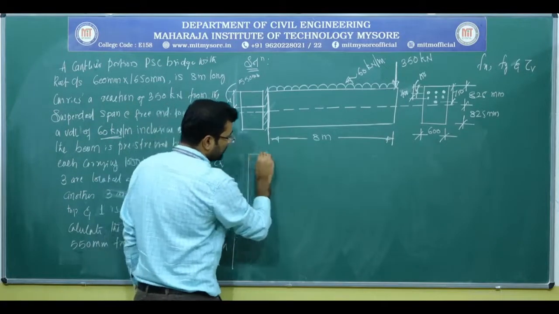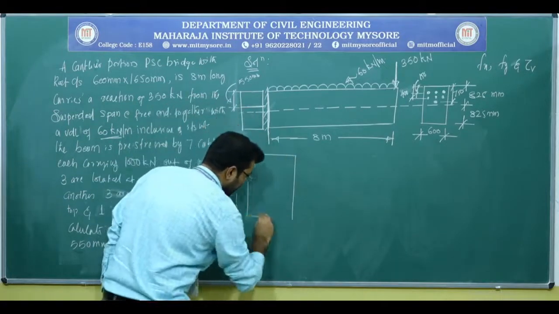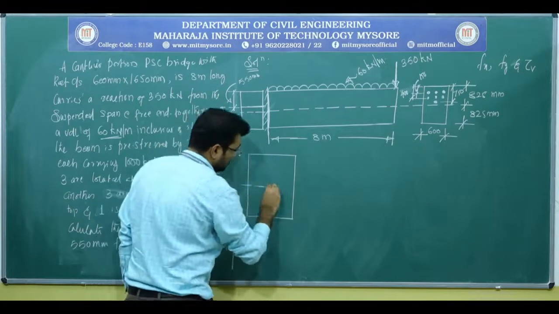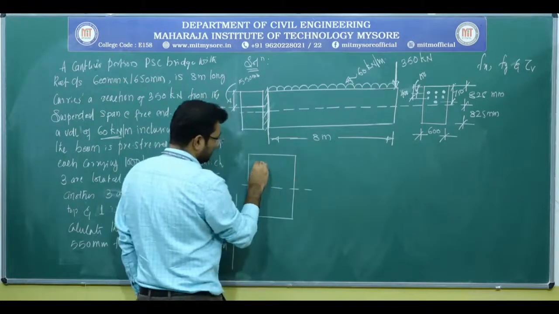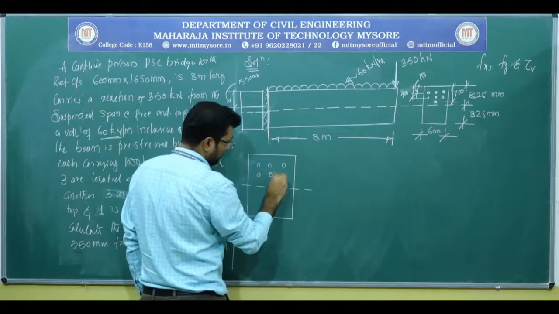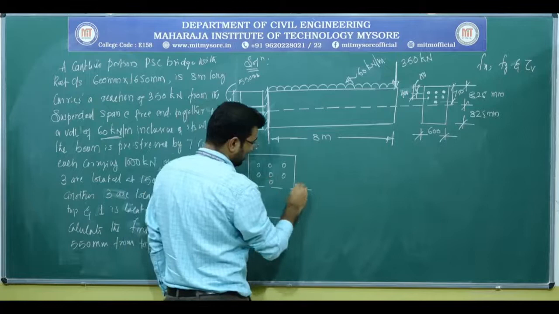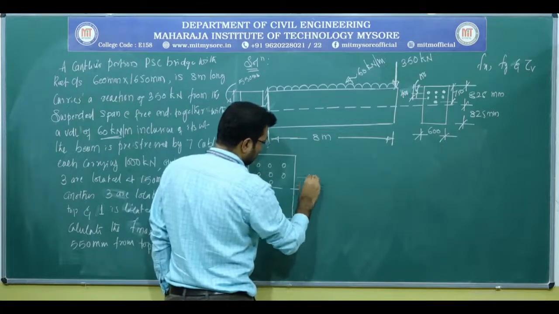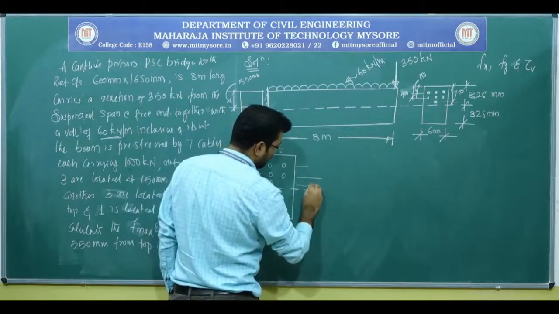See here, we have the pre-stressing beam, let us say something like this. 1 cable, 2 cable, 3 cable, 4, 5, 6 and this. Okay. So these distances are different.